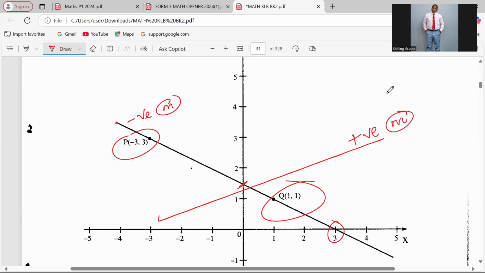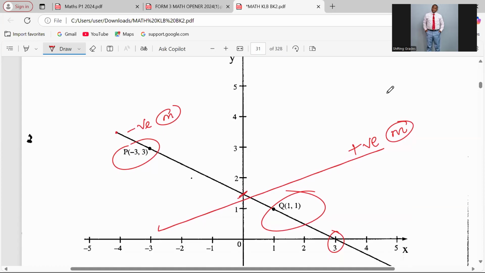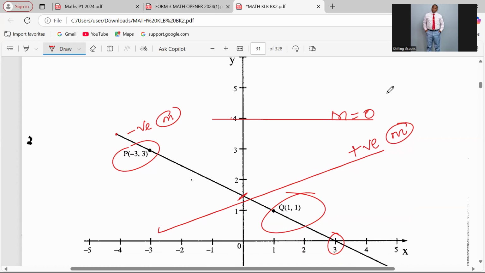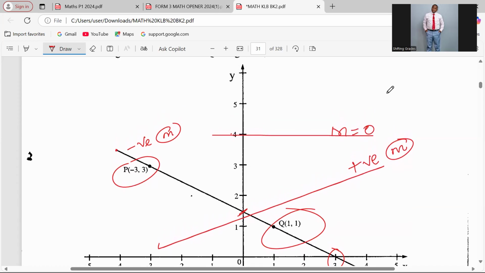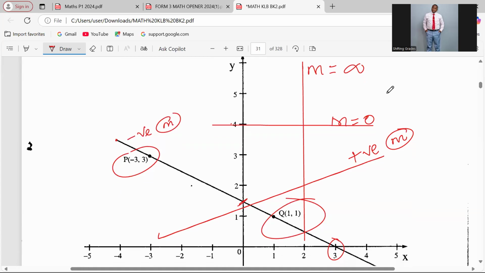A positive gradient. And now, if a line is horizontal, for example, a line that passes through 4, it will have a gradient equivalent to 0. And for vertical lines, let's say a line passes through 2 and it is vertical, the value of the gradient here is going to be undefined, or rather infinity, because anything is divided by 0.